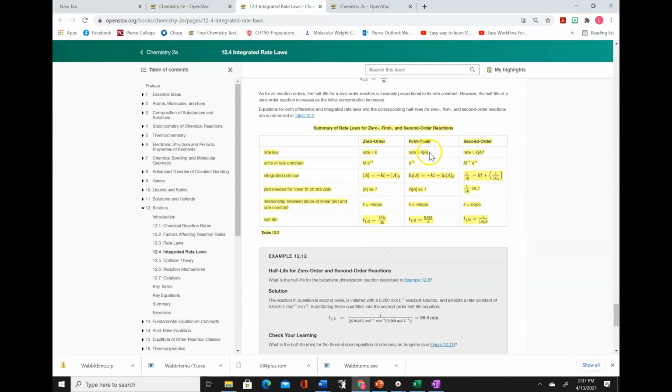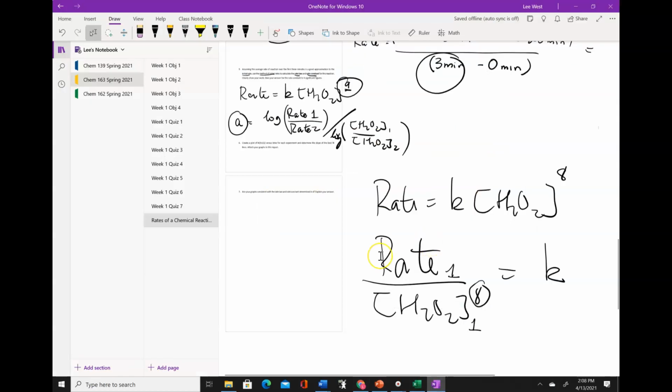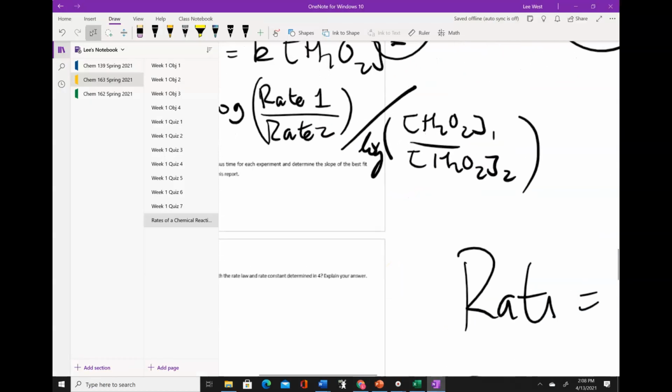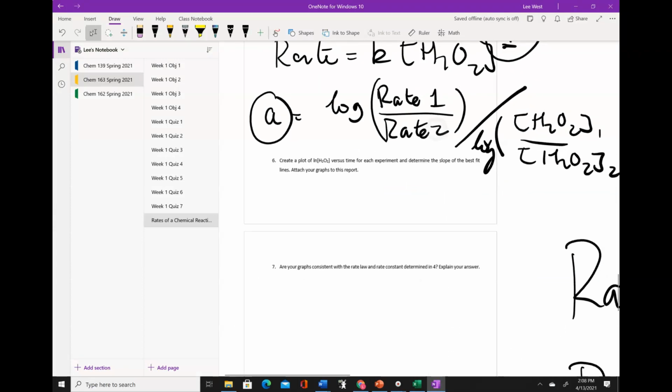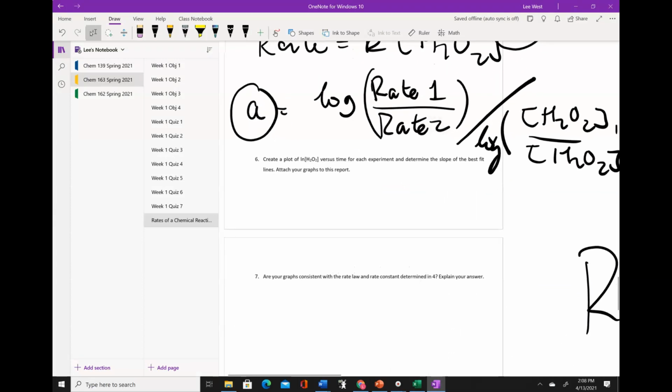If it's first order, your units for K are going to be time to the -1, seconds to the -1. If it's second order, they're going to be concentration to the -1 times time to the -1. If it's 0 order, it'll be concentration multiplied by time to the -1. So you should be able to assign appropriate units for K, and I put the general formula for the units for K into the lecture notes, so you should have those available to you.